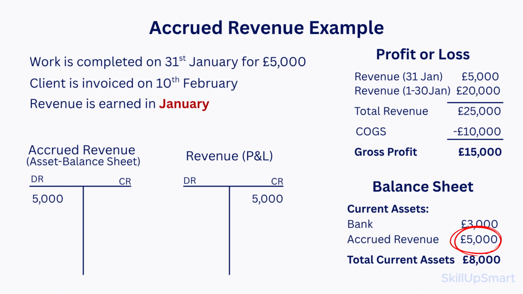Because the business has earned the revenue but has not yet received payment or issued the invoice. The business has a right to receive the money from the customer. Future economic benefit exists. That meets the definition of an asset. So, revenue of £5,000 appears in the statement of profit or loss, and accrued revenue of £5,000 appears in the statement of financial position as a current asset.